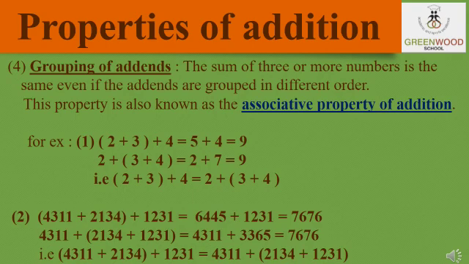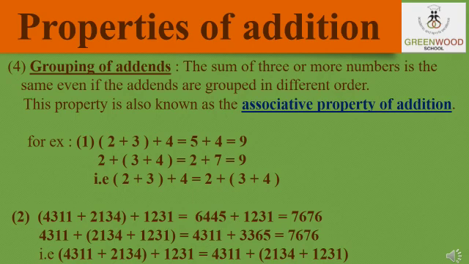Now in the next step, the brackets have been shifted to the next number. That is 2 is now kept alone while the brackets are on 3 plus 4. So first 2 will be written as it is while 3 plus 4 will be done before. Now what is 3 plus 4? 7.